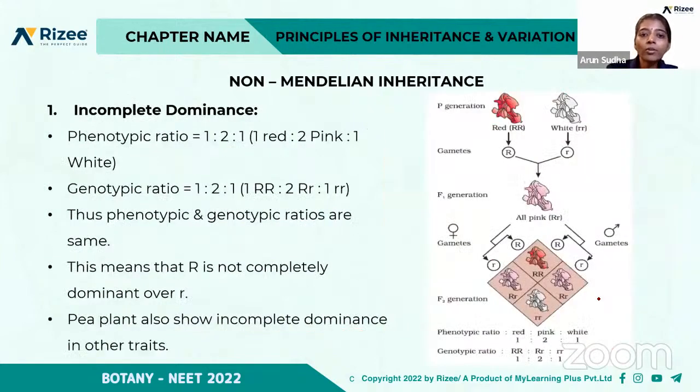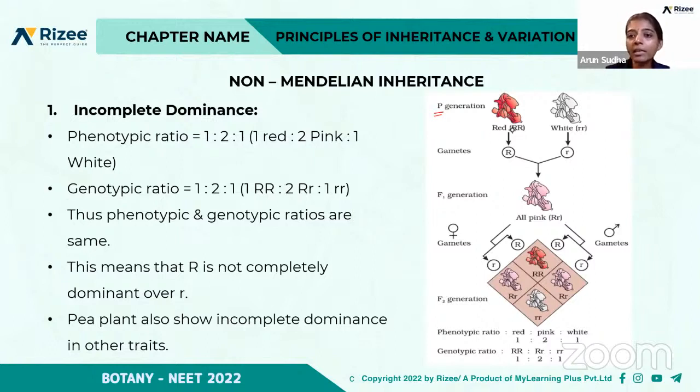Okay. If you observe the phenotypic ratio, for example, capital P represents the parental generation, right?